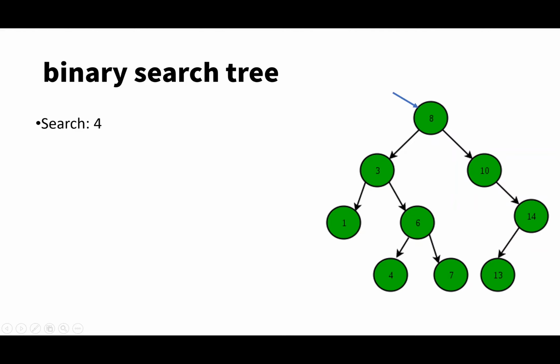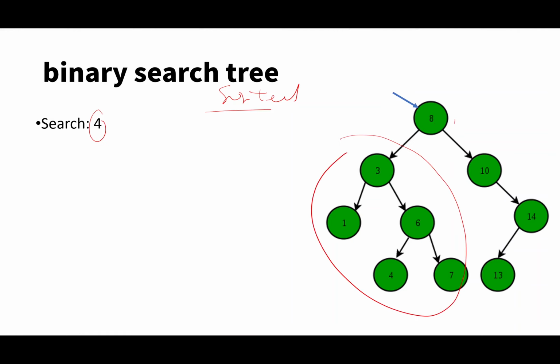Because the tree is sorted, if we search for the number 4 in this tree, we compare with the root. 4 is smaller than 8, so if there exists a node with the same key as 4, it must be in the left tree. So we go left.